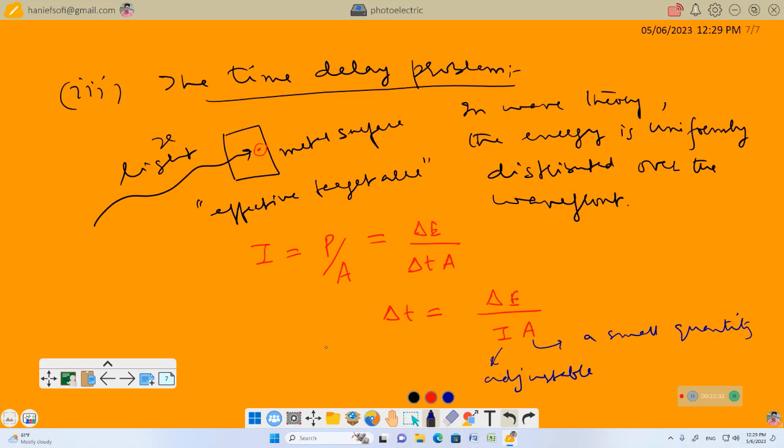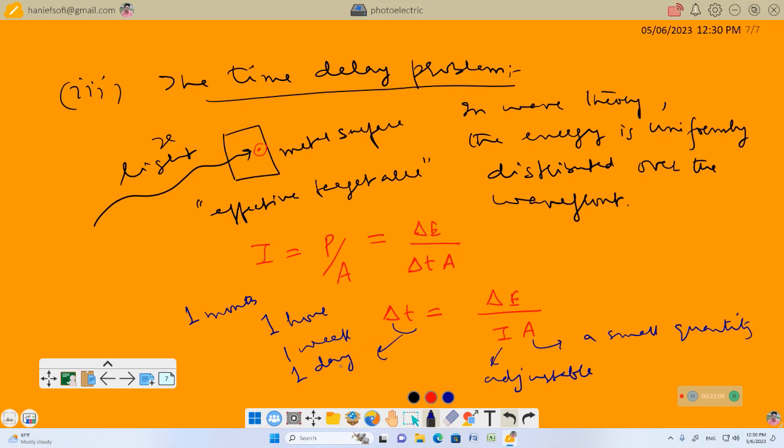Now, it is possible that you make this delta t 1 week, 1 day, 1 hour, 1 month. You have to only adjust the intensity, make intensity small. You can make the time required for the electron to absorb the required amount of energy from the light large. So it is adjustable according to wave theory, right?